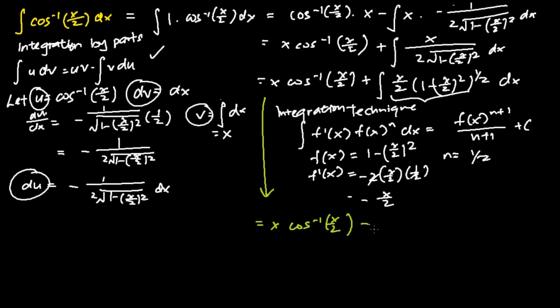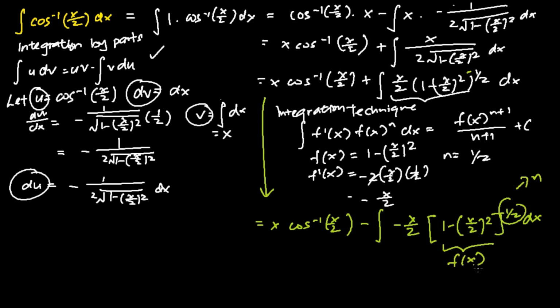For the second term, the result will be minus the integral of minus half times x, 1 minus (x over 2) squared to the power of negative half dx. So this is my n, and this is my f(x), and I have my f prime x here. I can apply the integration technique to evaluate the integral, and I'll get the answer.